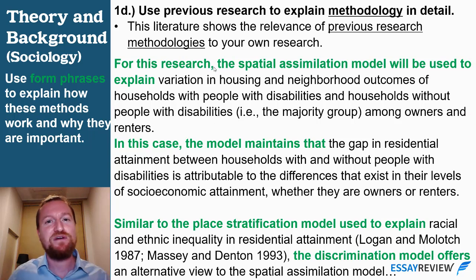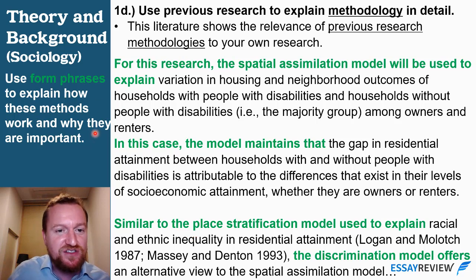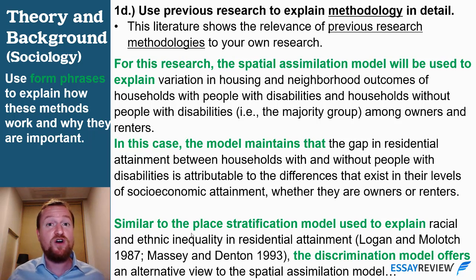You might not have this much in your work, but you can see that for every main sentence, I believe this is actually one paragraph, but for the first sentence, the form phrases are telling the reader exactly what the upcoming analysis of the model is doing.